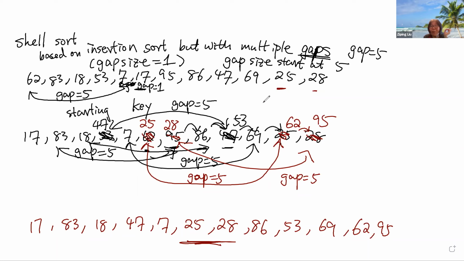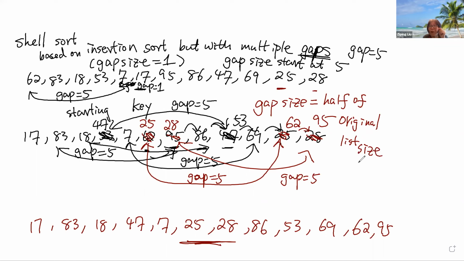Generally speaking, we pick the gap size to start with half of your original list size, and then each round you decrement the gap by half.